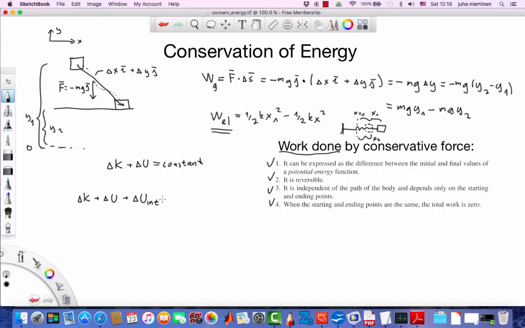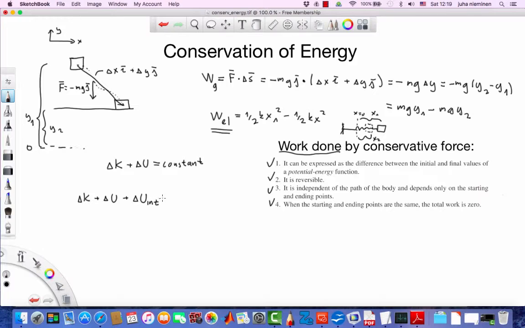So internal energy in the examples that I just explained to you would be temperature in the case of friction, or the chemical energy stored in the explosive. And those can be converted into kinetic or potential energy.